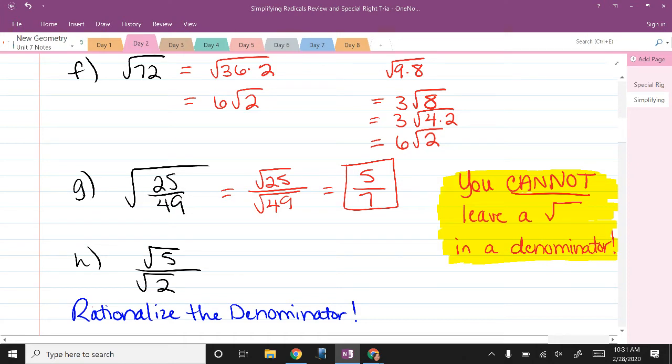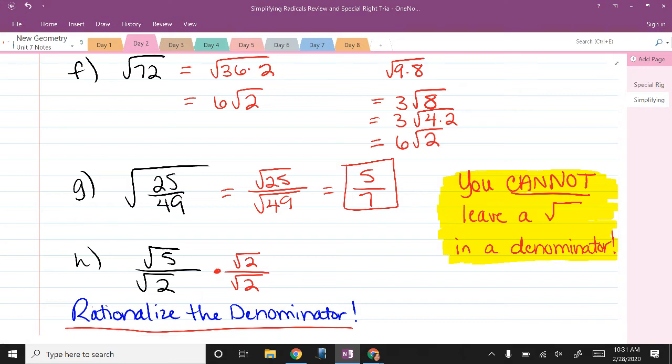We rationalize the denominator. Now to rationalize the denominator, that means you take that denominator, which is radical 2 this time, and you multiply by that denominator over itself. So multiply your fraction by radical 2 over radical 2.